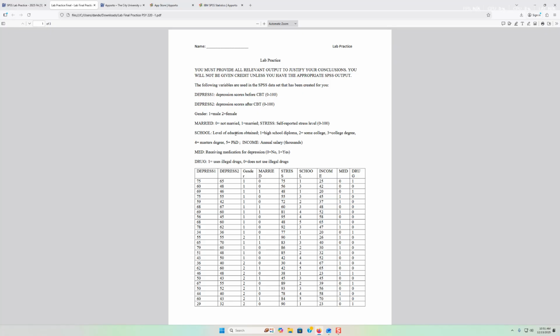But obviously no difference between master's and PhD because, once you have a master's degree, you pretty much are fully qualified for whatever job you're doing, except maybe working at a university. So you can see the different groups from looking at this key of the data in the file we're looking at.